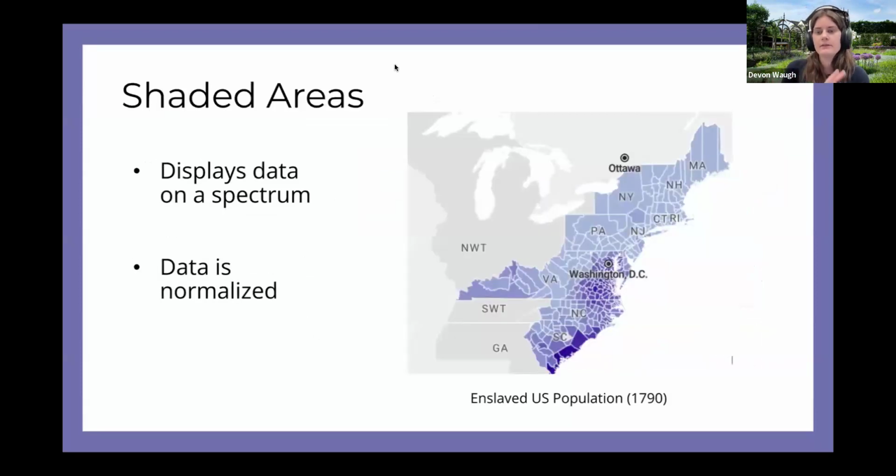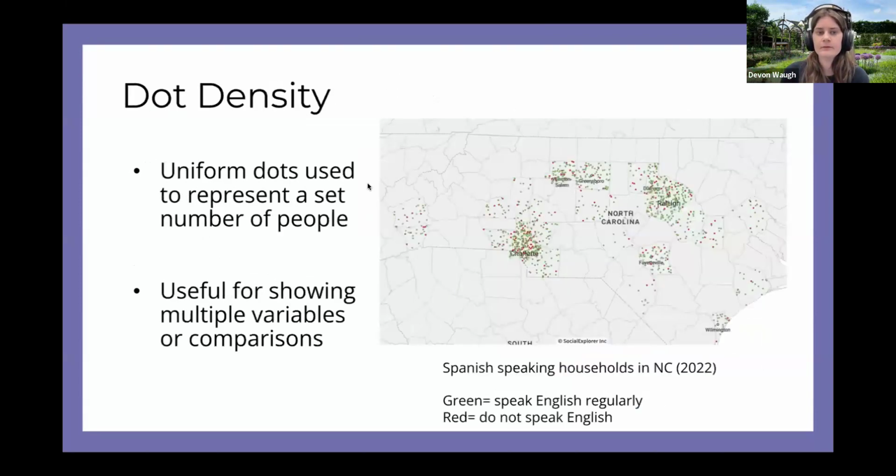But there are 3 different ways that data is represented in those maps. There's the shaded area, so that displays data on a spectrum. There's dot density, so these uniform dots are used to represent a set number of people, and you can increase the size of that dot or decrease it to represent a larger population or a smaller.